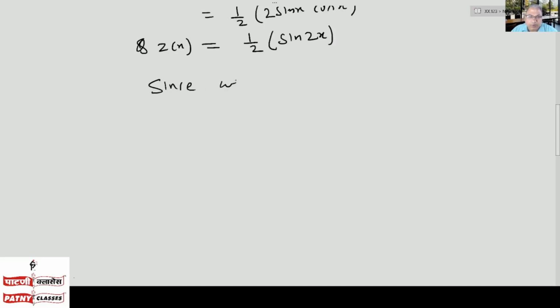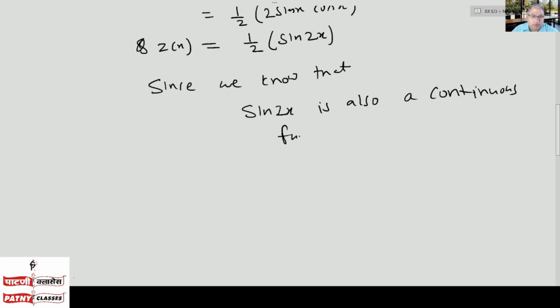Since we know that sin 2x is also a continuous function for all values of x, therefore z of x is a continuous function.